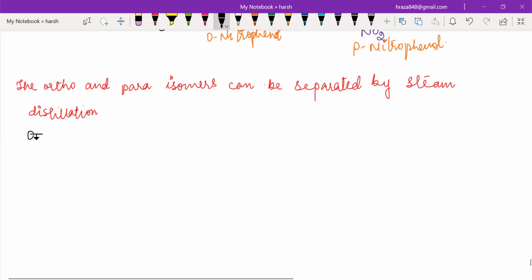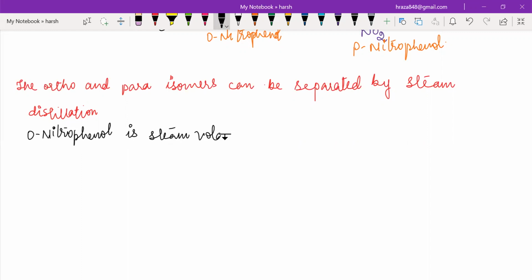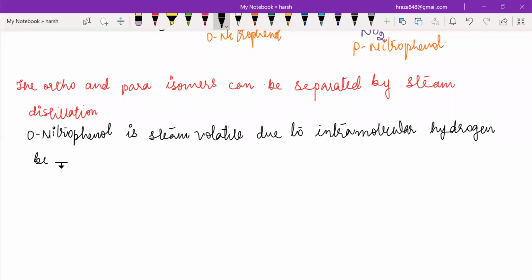This O-nitrophenol, ortho-nitrophenol, is steam volatile due to intramolecular hydrogen bond. Intramolecular hydrogen bond.